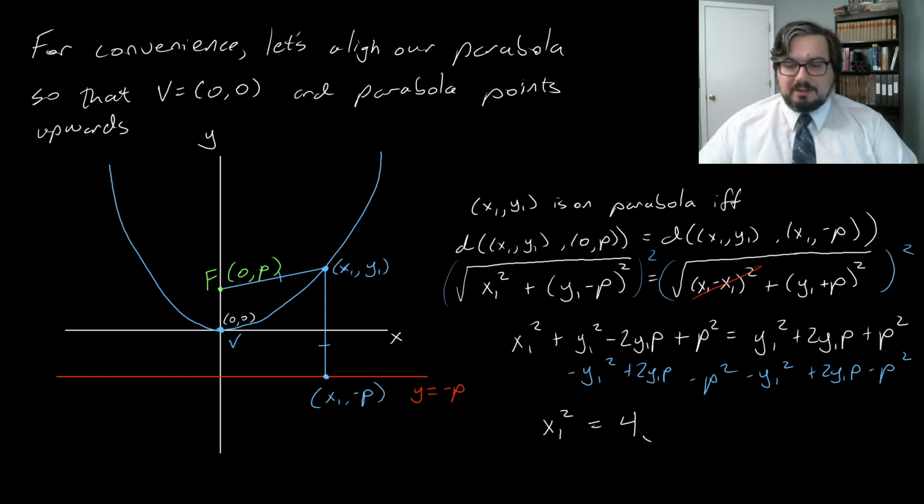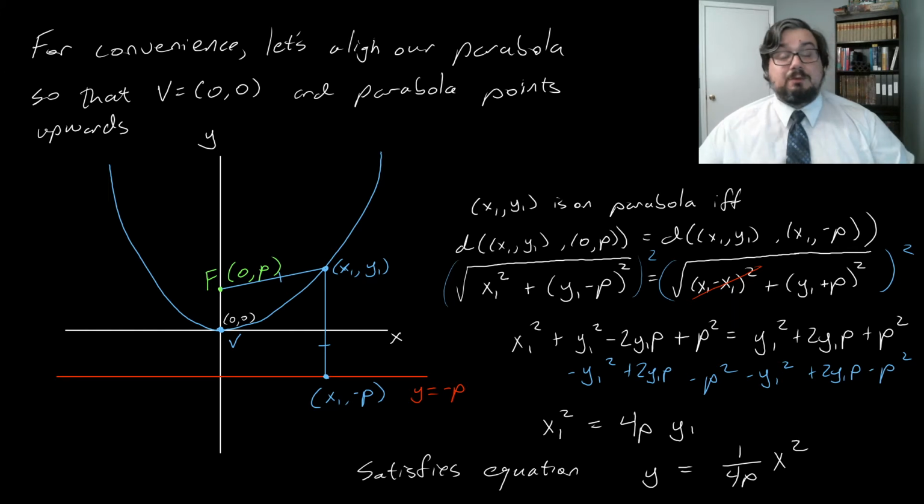In fact, let me go ahead and rearrange that. We get x squared is equal to 4p y1. And this is the equation of a parabola. In fact, we can see that this satisfies the equation y equals 1 over 4p x squared if we divide both sides by 4p.